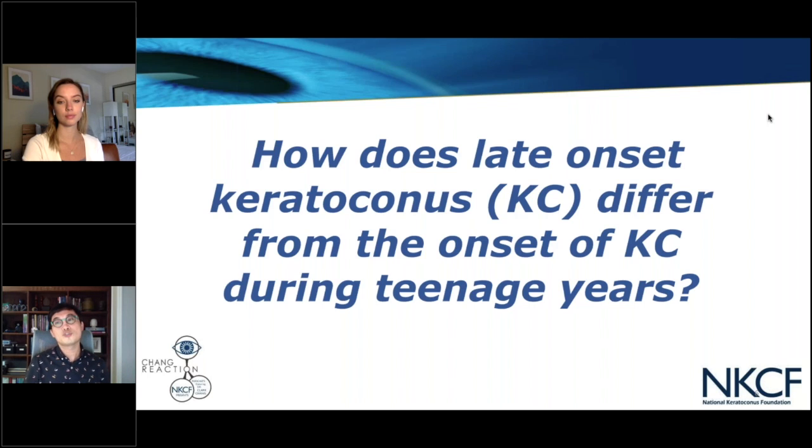And they also tend to show a faster rate of disease progression and worsening of the condition. So the visual prognosis is generally more guarded or worse when keratoconus develops earlier in life.